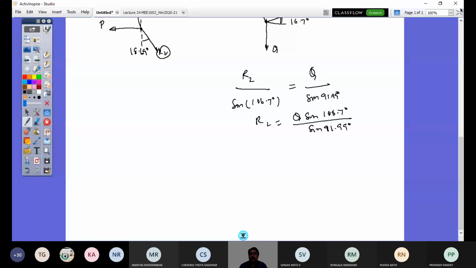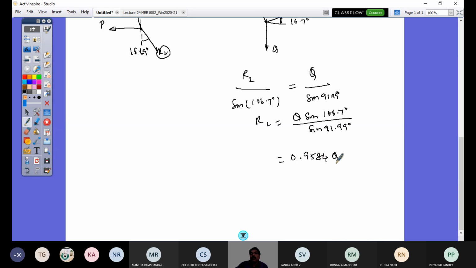just a minute. Solve this and tell me the answer. Sine 106.7 is 0.9584.